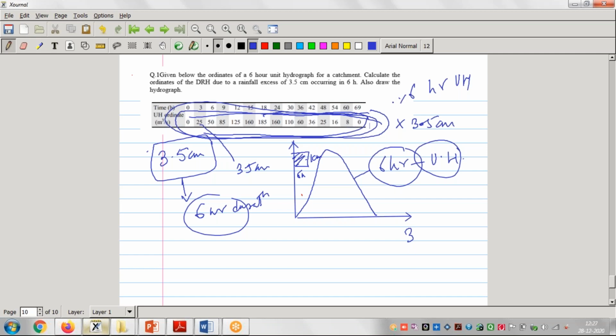If we multiply these ordinates by 3.5, that is 3.5 into 0, 3.5 into 25, 3.5 into 50, 3.5 into 85, we will get the ordinates for 3.5 centimeter rainfall. And the same thing he is asking: calculate the ordinates of the direct runoff hydrograph due to excess rainfall of 3.5 centimeter and 6 hours, and also draw the graph. After getting the ordinates, we have to draw the graph.